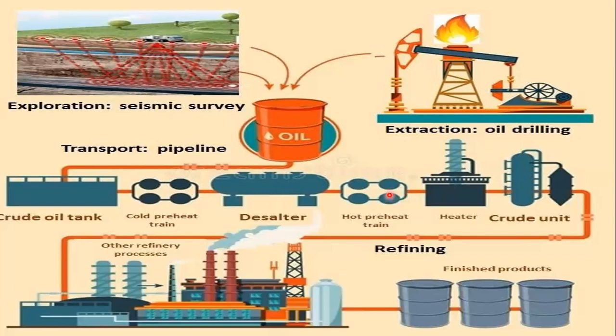Clear? And then this crude oil later on is shifted to the tanks and finally to the refinery, and then after the refinement it is called final or refined or finished products.